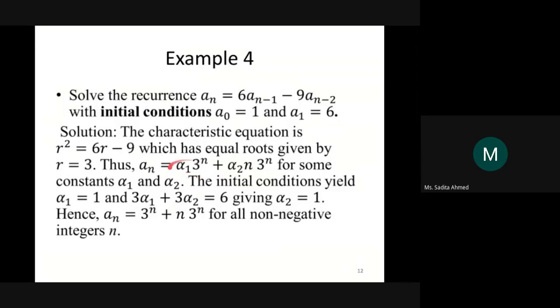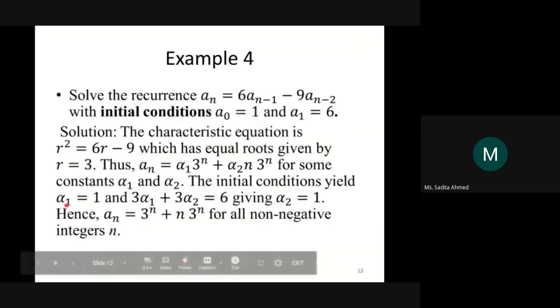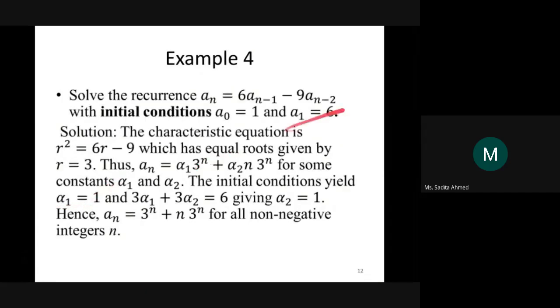So basically, we can say alpha 1 is equal to 1. But we need to find alpha 2 as well. For that, we will use the second initial condition, for n is equal to 1. All right. So for n is equal to 1, left hand side is a1. a1 is equal to 6. We know that. So left hand side is 6. Right hand side, alpha 1 into 3 to the power of 1. So 3 alpha 1 plus what, guys? What happens to the second sum term? 3 alpha 2. Exactly.